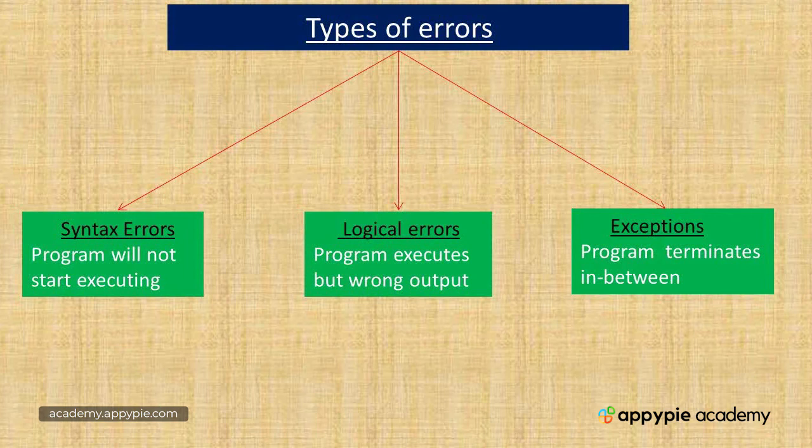Now we come to exceptions, which are in fact runtime errors. In case of exceptions, your program starts executing. That means it doesn't have any syntax errors. It starts executing because in Python the interpreter works line by line. The first line will be executed, the second line is executing, third line is executing.